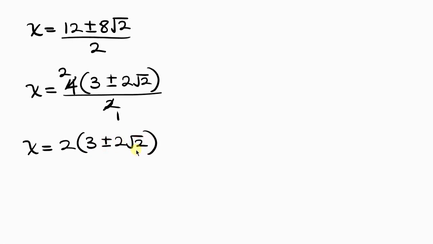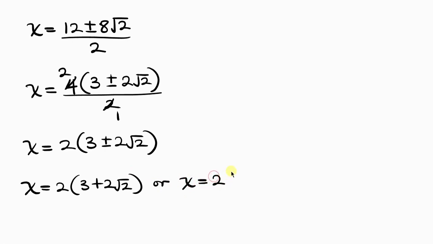So we have two values for x here. We'll go with the first one, which is x equal to 2 times 3, the first one is plus 2 root 2, or the other value for x is equal to 2 times 3, now going with the negative, negative 2 root 2. Remember that the actual question is the square root of 2 plus the square root of x is equal to 2.